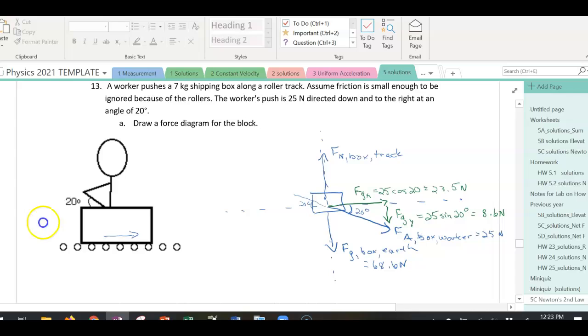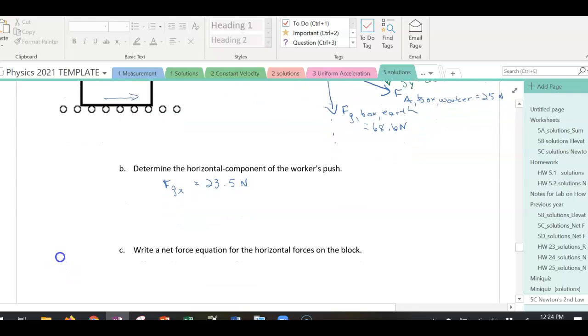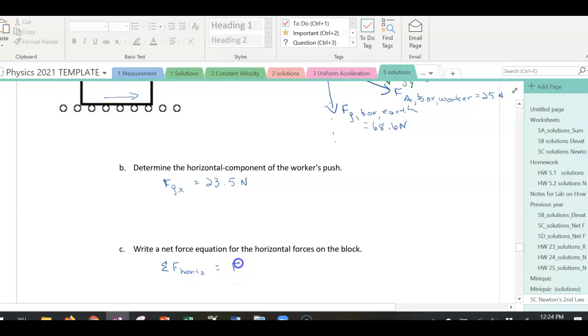Okay, so we found the horizontal component of the worker's push. That's Fgx. And that is the only force in the horizontal direction. So in the horizontal direction, the sum of the forces is just Fgx. So it's 23.5 newtons.